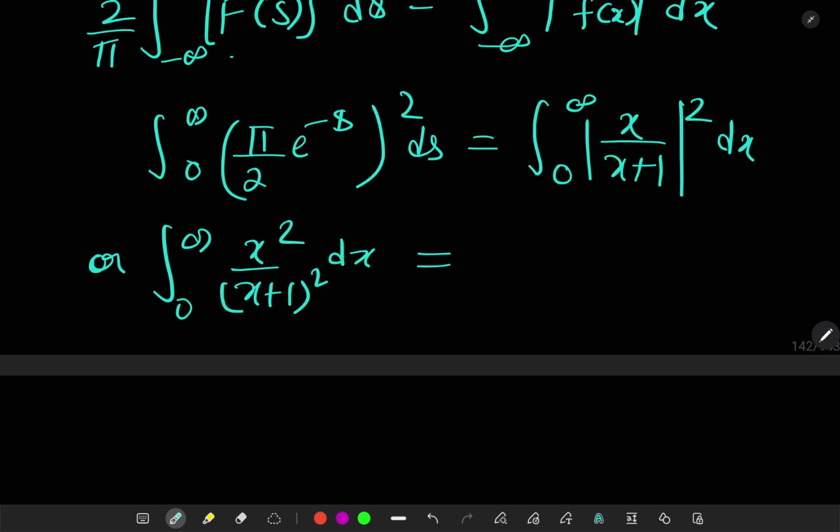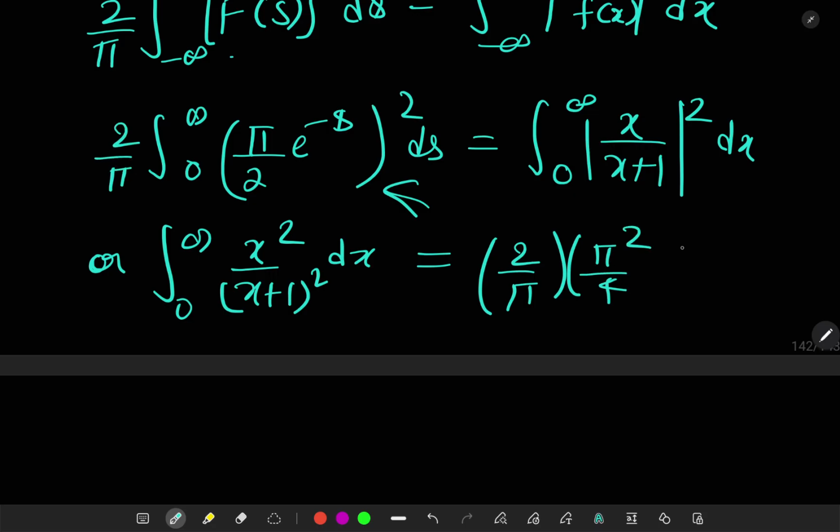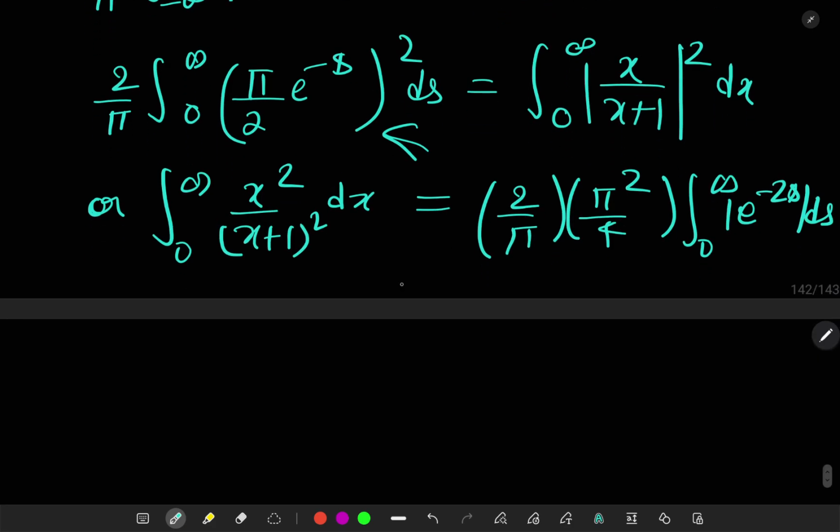Here x is a real number, and after solving this integral we get the value, there is also 2 by pi, ds, and this equals pi by 4.